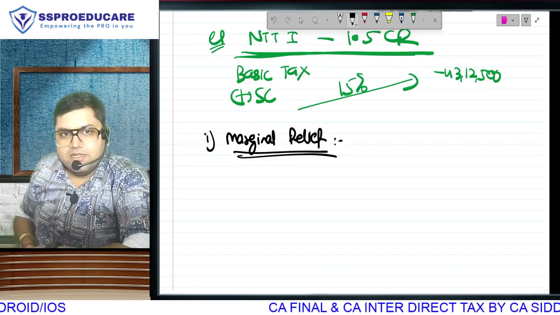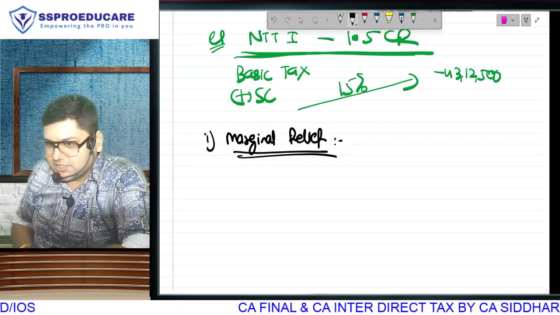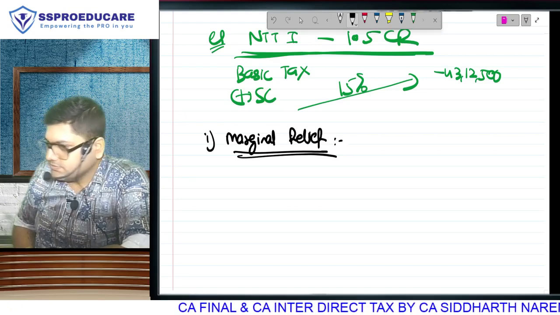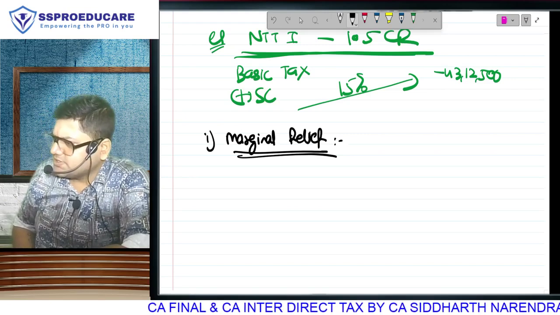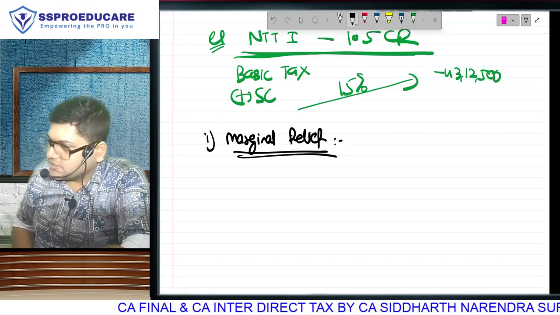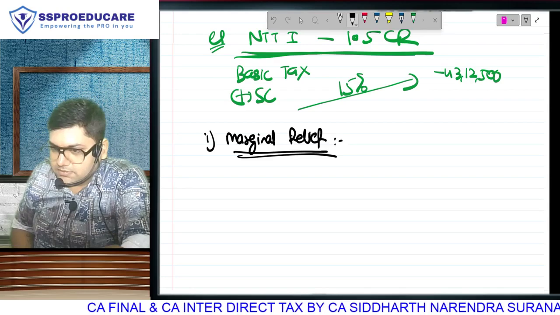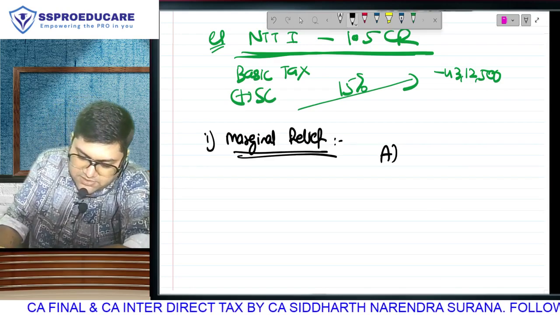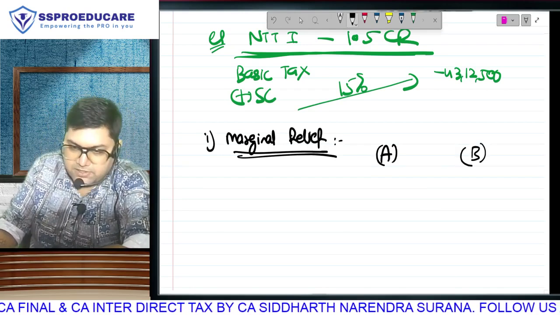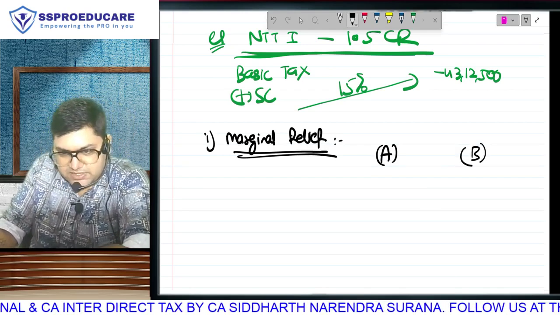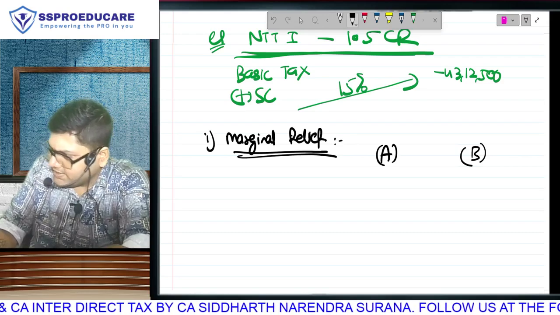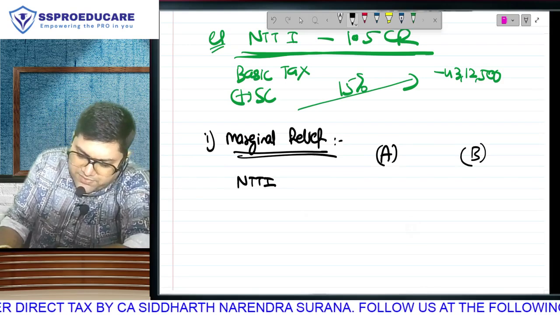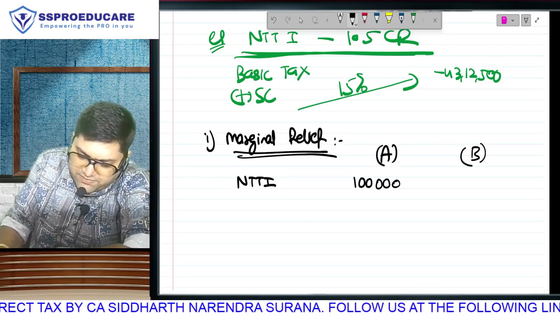Whenever your income is just above the surcharge threshold, surcharge will still come, but there will be a problem. I will explain the problem with the help of two taxpayers, assessee A and assessee B, Mr. A and Mr. B, category A. They are giving you their net taxable total income figures. Mr. A's income is exactly 1 crore.